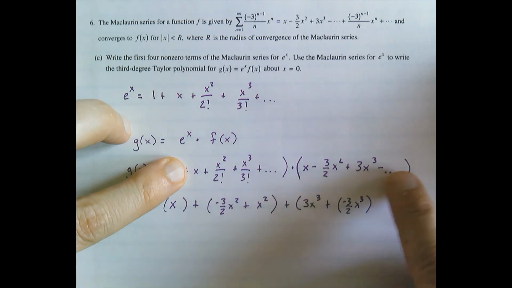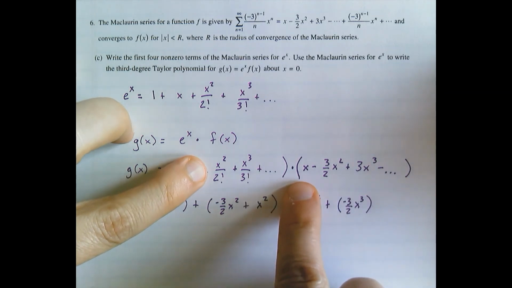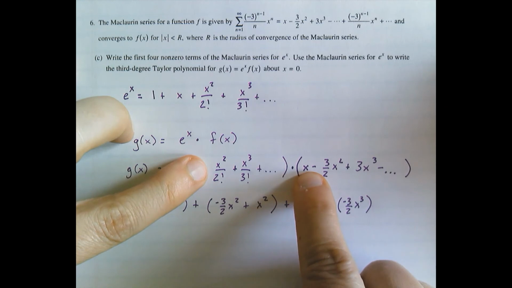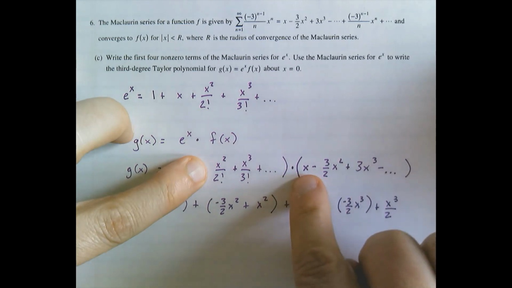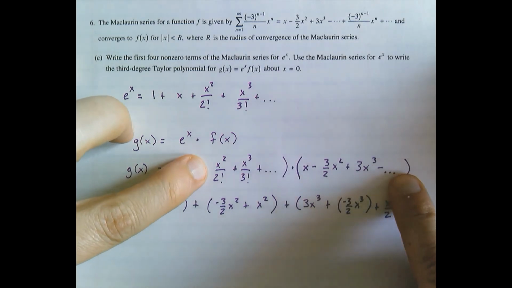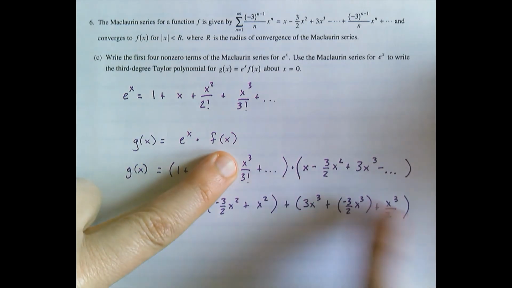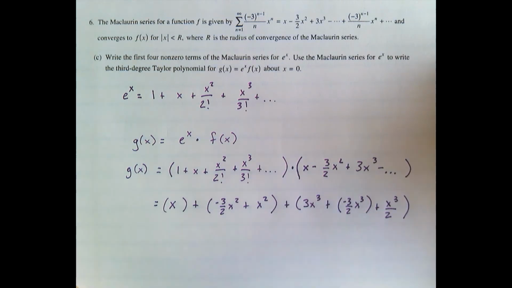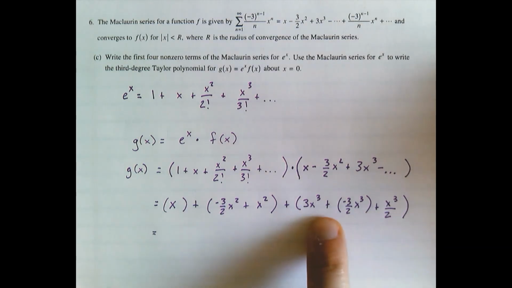And then x squared over 2 factorial times x is also a third degree. So plus x to the third over 2 factorial, which I'll just write as 2. Third times first gives me a fourth degree, and they only want us to go to the third degree, so we're done. Everything else is going to be bigger than third degree. So these were our first degree pieces, these were our second degree pieces, these were our third degree pieces, and that's all we need.